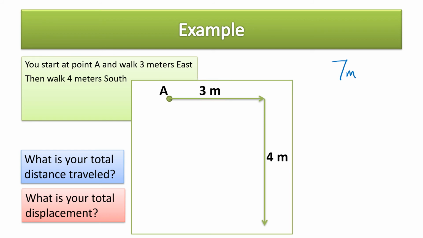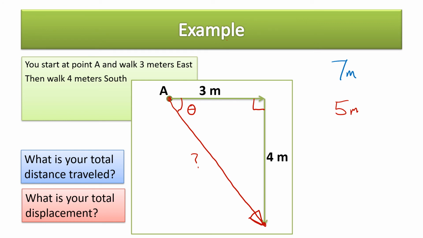The total displacement is always measured from start to finish. Then you could even draw in your displacement vector, and it should look familiar to some problems that we've been doing in the past. So the question is, what is the magnitude and what is the direction? Hopefully you can see that this is a 3, 4, 5 right triangle, so the magnitude of the displacement is 5 meters.